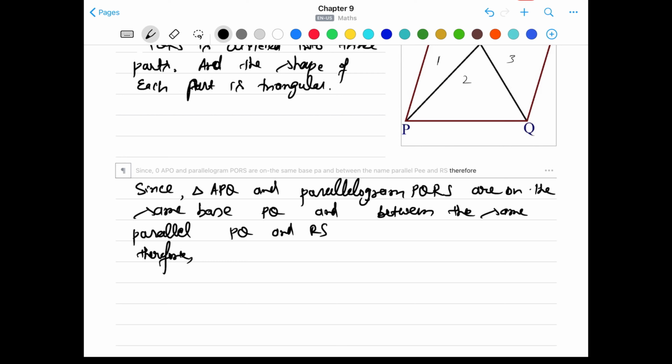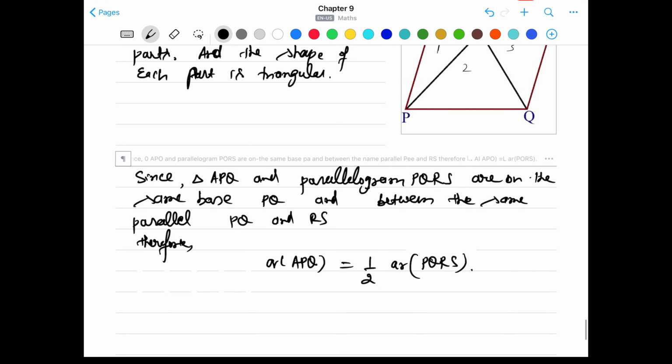Therefore the area of triangle APQ will be equal to half the area of the parallelogram PQRS. Okay, so what we got is, the area of the triangle APQ is half the area of parallelogram PQRS.